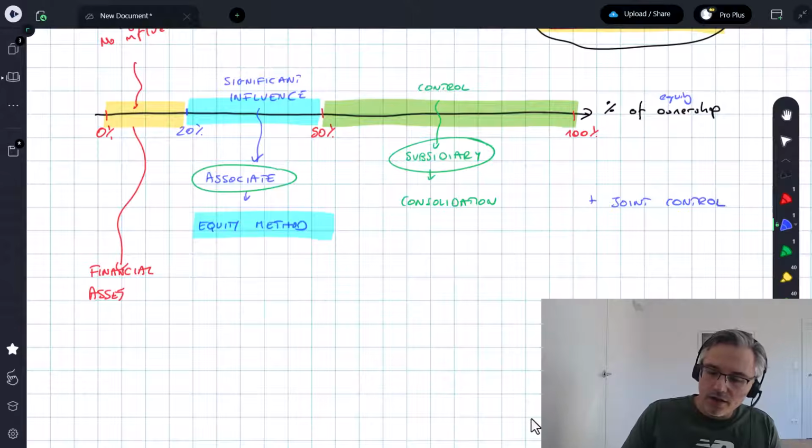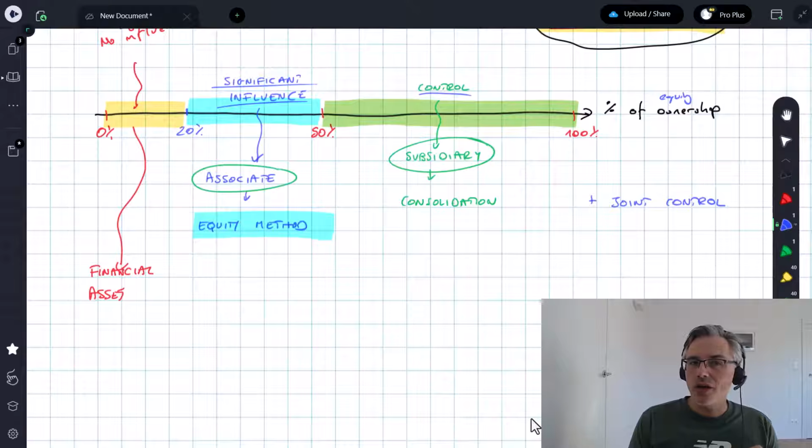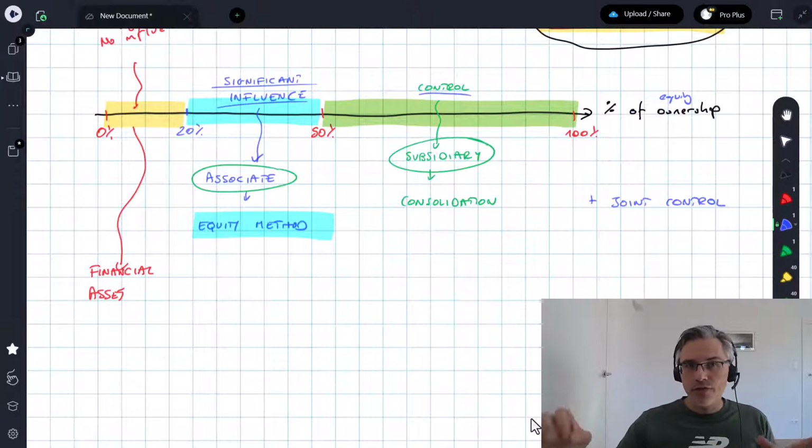So just like here you had control or significant influence, you can also find a relationship of joint control, and this is obviously joint between two or even sometimes more investors. So two or even more investors share control, jointly control another business.